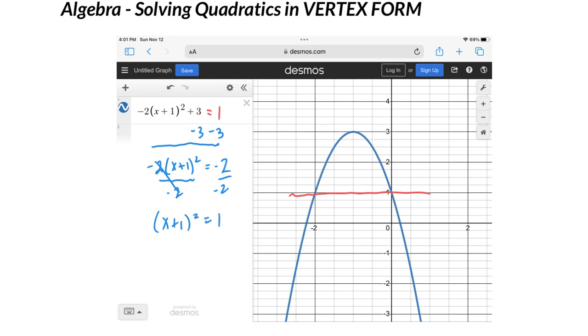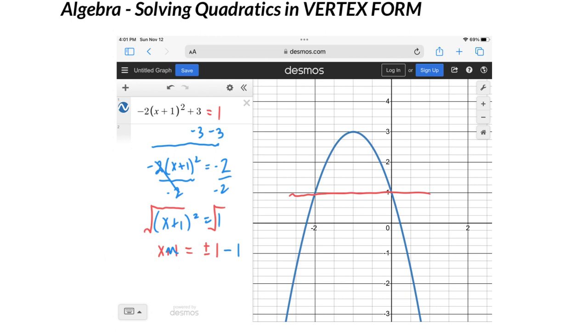So x plus 1 squared equals 1. And again, this is the part where we get our two answers. We're going to take the square root of 1. We're going to put plus or minus 1 over there. Always remember that plus or minus. That's how we get our two answers. Then I'm going to subtract 1 from both sides like this.